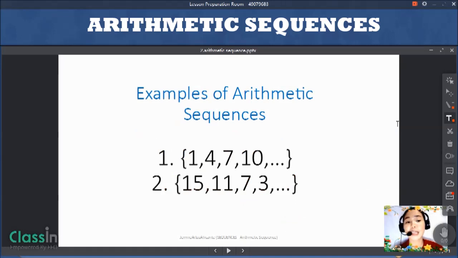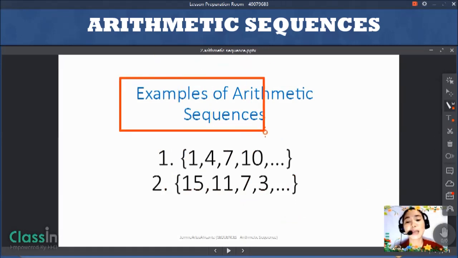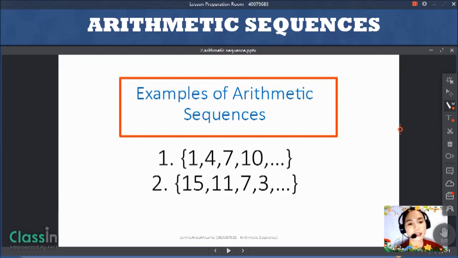Now, let's have examples. I have here two examples of arithmetic sequences. Let's have the first one. The first one is 1, 4, 7, 10, and so on, while the second one is 15, 11, 7, and 3.